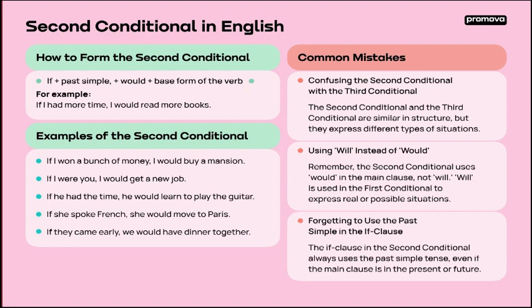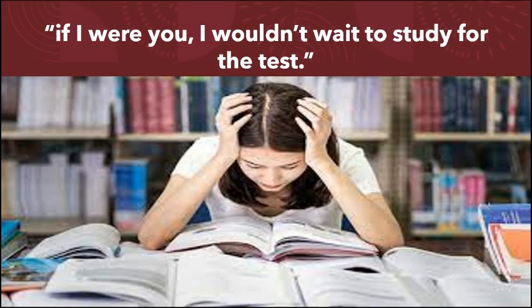Now, some examples for this conditional are the following four sentences. Number one, if I were you, I wouldn't wait to study for the test. This is a scenario that happens to everyone. Oh, if I don't study right now, I'll fail the test. But you know what?